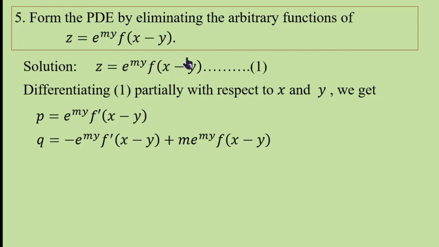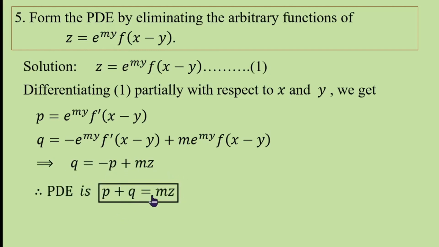And then the second function into the derivative of the first, that is m e power my into f of x minus y. Now e power my into f of x minus y is z. Therefore this part is m into z, and this is nothing but p. So q equal to minus p plus mz, or p plus q is mz.